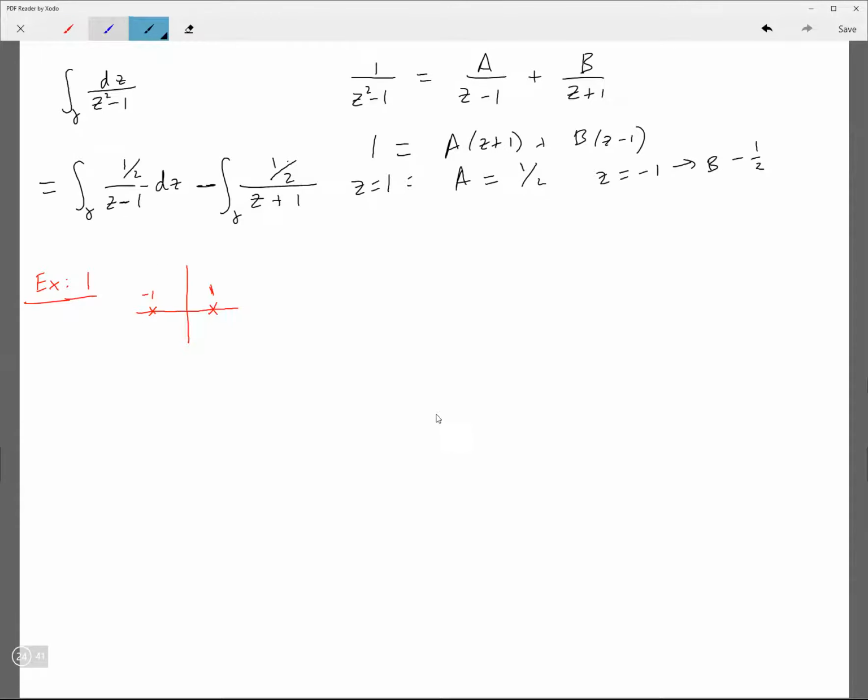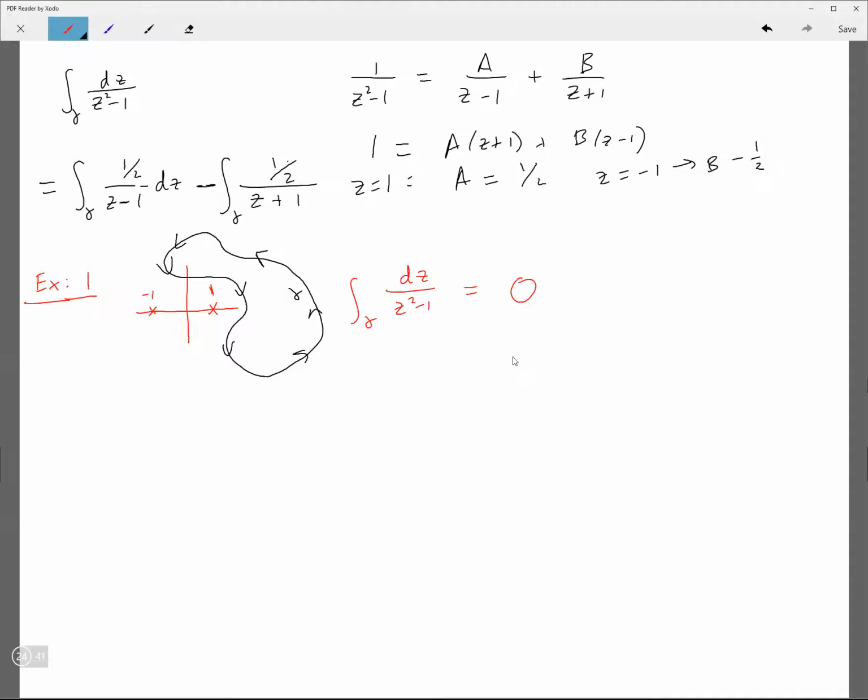Okay, so if gamma is some curve like this, then the integral is going to be what? 0.